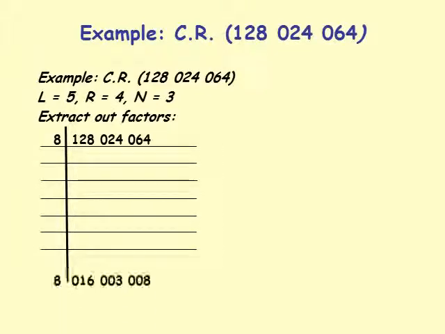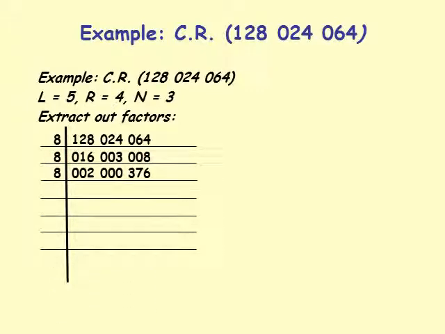That gave me 016 003 008, and this is also an even number, so we'll extract out another 8 here. That gave 002 000 376, which is still even. We will extract out one more 8 here, so it's 000 250 047. This is not an even number anymore, but it's divisible by 9, so we'll extract out 9 here.